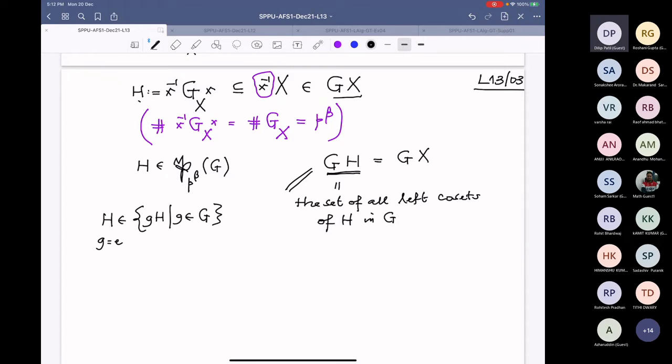Any other subgroup there? So therefore the question has become, when can a coset be a subgroup?